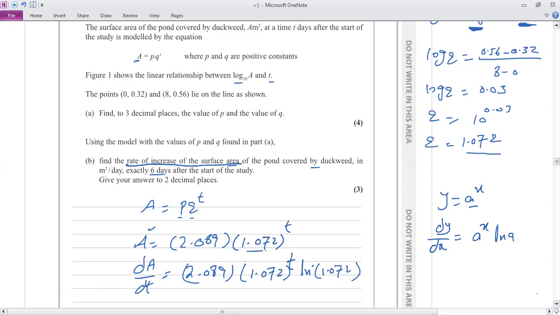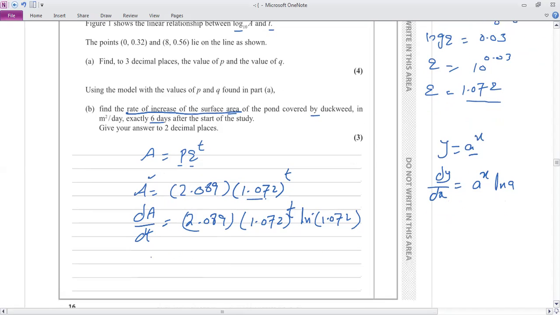Now I have to find exactly after 6 days. So in place of t I will put 6. So put t is equal to 6. What will be dA over dt? It will become 2.089 into 1.072 to the power 6 log of 1.072. Okay, let's calculate that now. Again, I need to share the calculator.